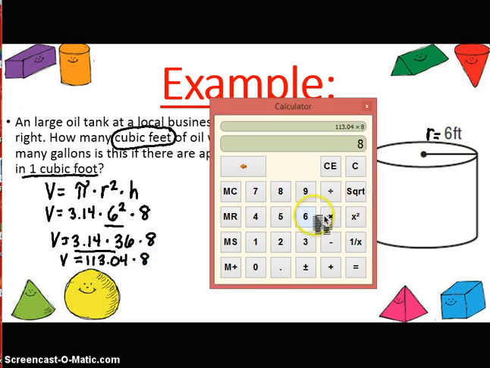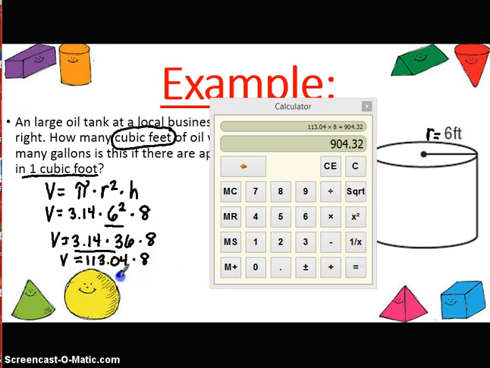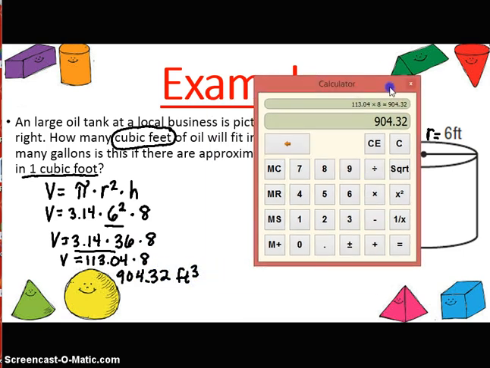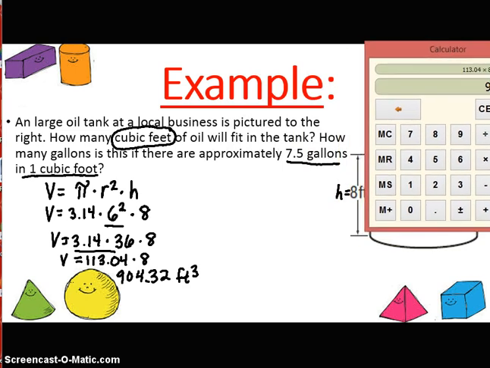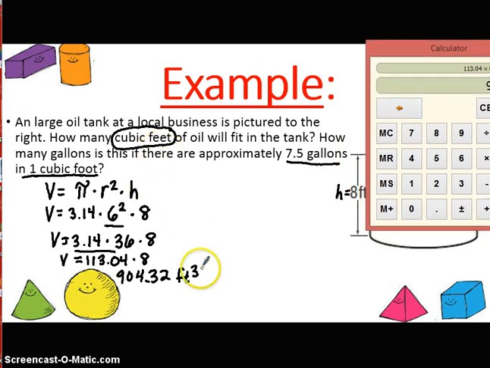So we times that by 8 to get our final answer of 904.32 cubic feet. Now, this only answers the first half of our problem. The second half is asking us how many gallons this would be.